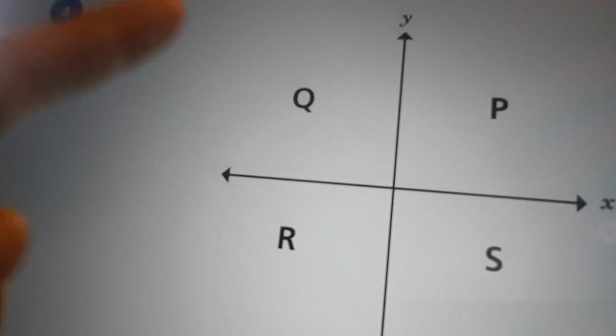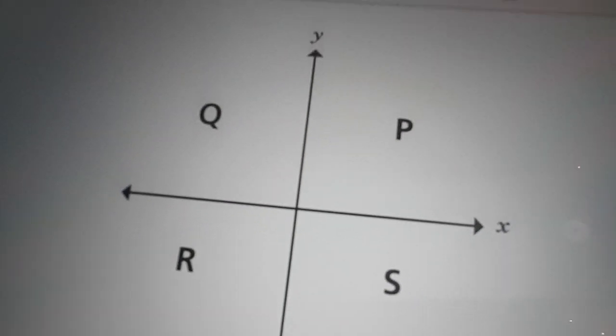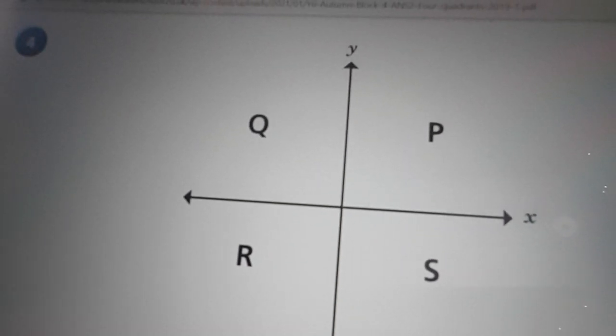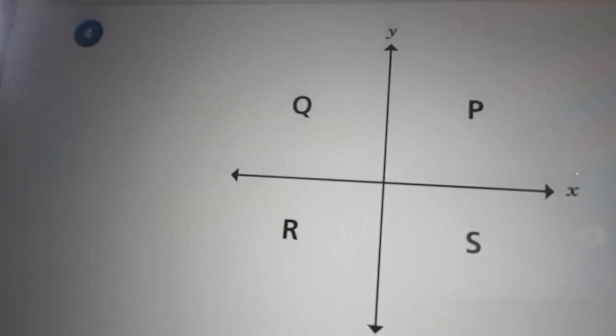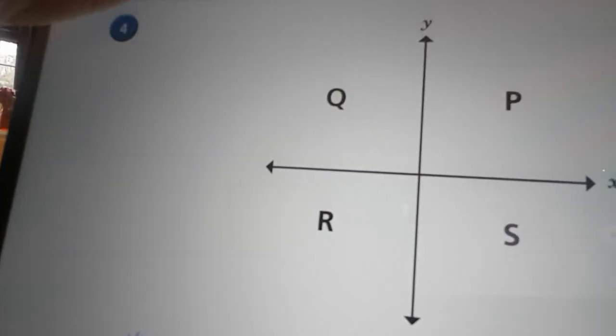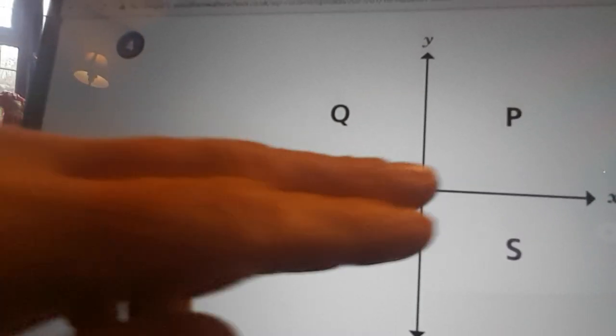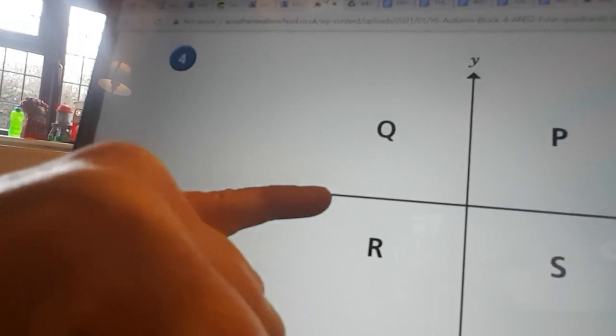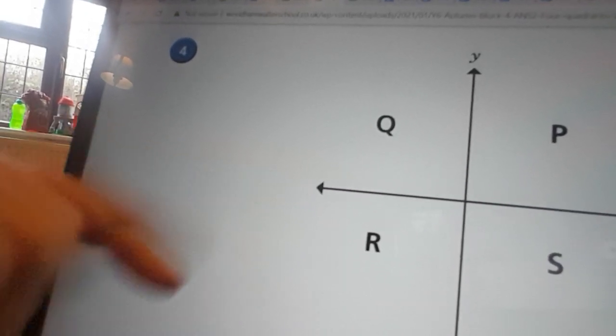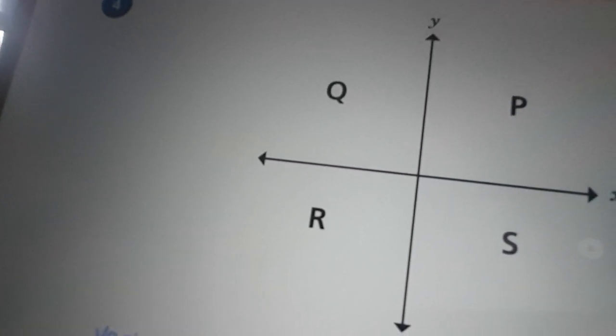Now, because you've got 4 sections, they come in what's called positive and negative. So the top half of this section is going to be positive, and these points across here are going to be your negative numbers, and down as well.